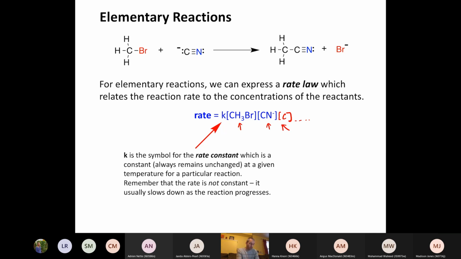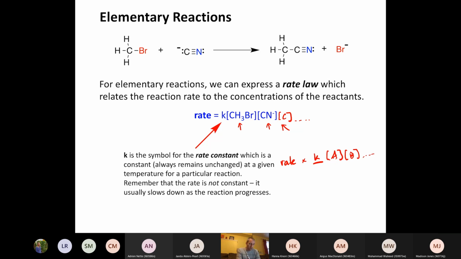So basically, to construct the rate law for an elementary reaction, it's always going to be rate equals some rate constant k times whatever is colliding in that step. What this tells you is the rate at any point in time in the reaction, assuming you know the concentrations of everything that's in solution at that time.